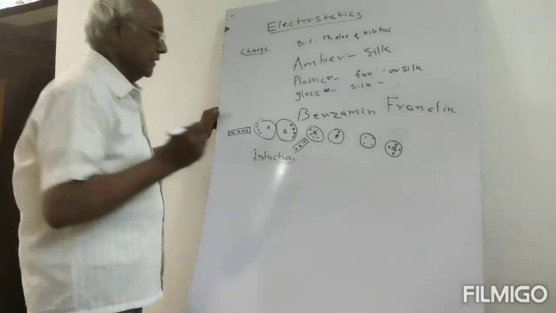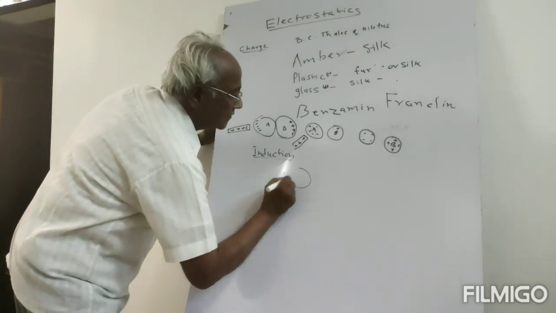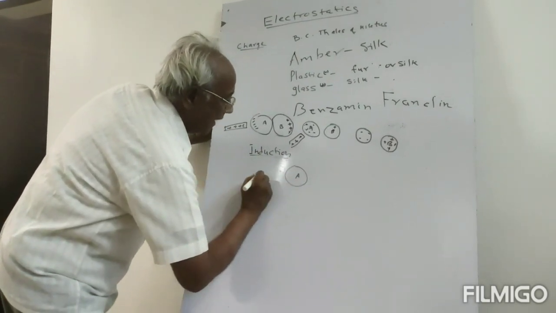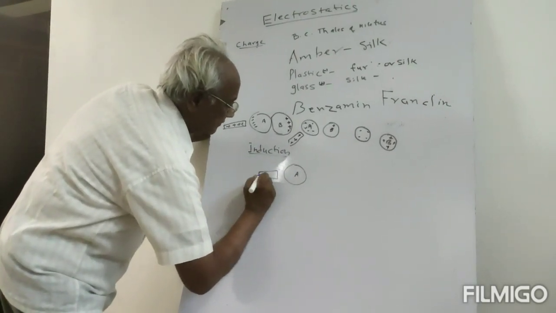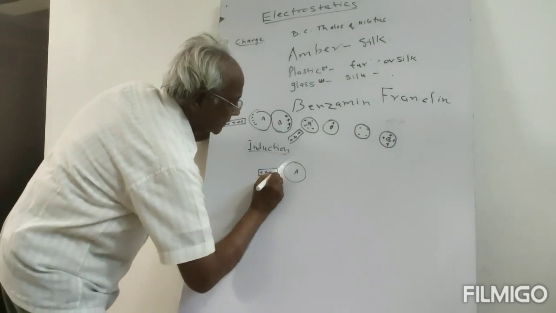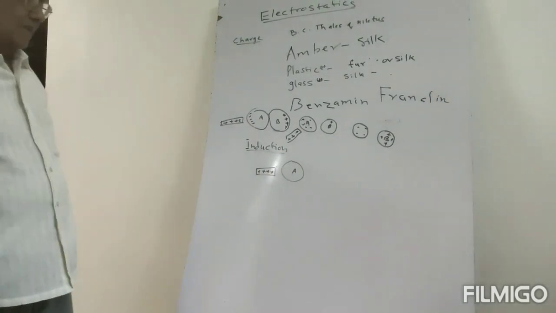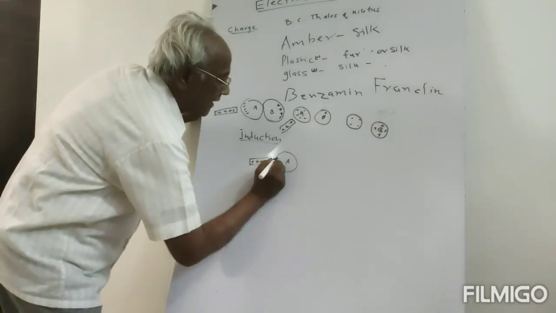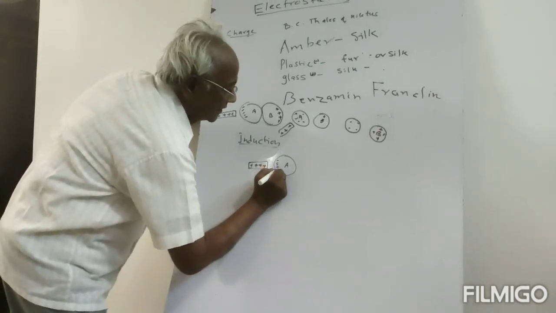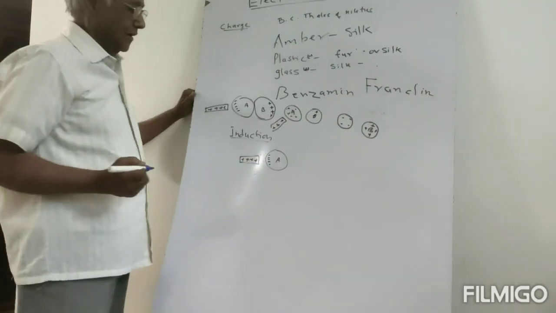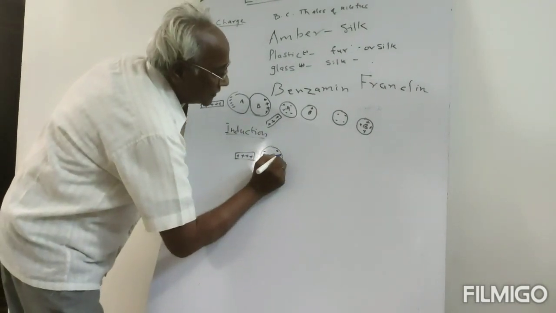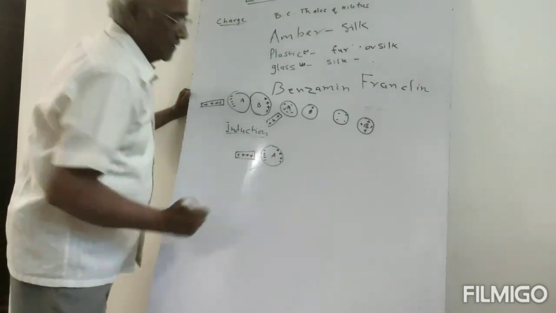Now in induction, if we take the sphere A and we bring a positively charged glass rod near it, then the negative charge of electrons will be towards the glass and the positive charge will be away from it.